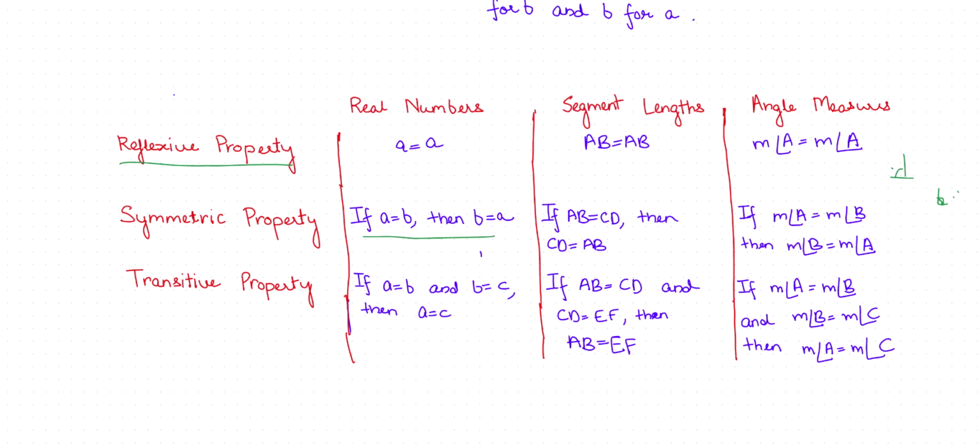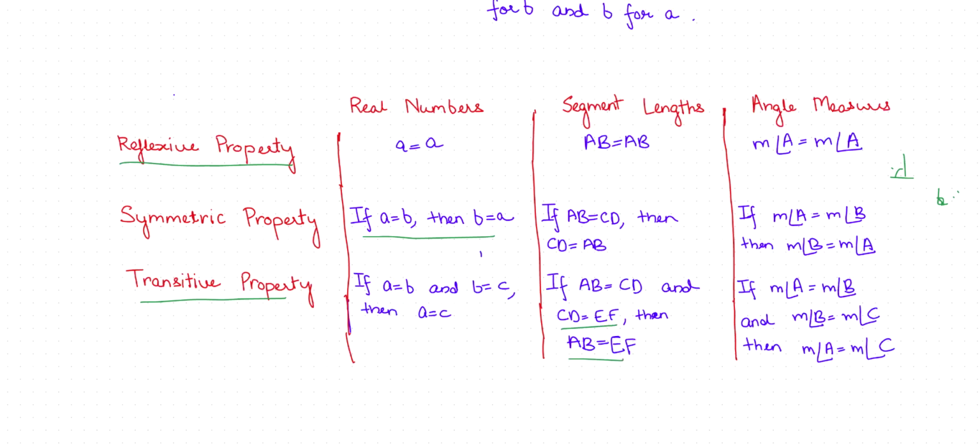And if AB is equal to CD, then CD would be equal to AB. And symmetric property for angle measures, like if angle A is equal to B, then angle B is equal to A. Similarly, transitive property is like if A is equal to B and B is equal to C, then A would be equal to C. Same way, if AB is equal to CD and CD is equal to EF, then AB would be equal to EF.